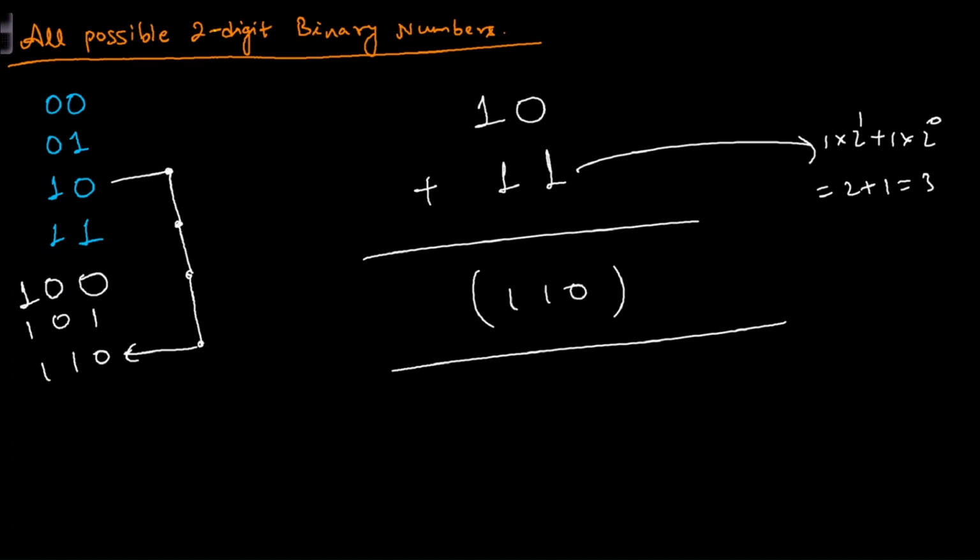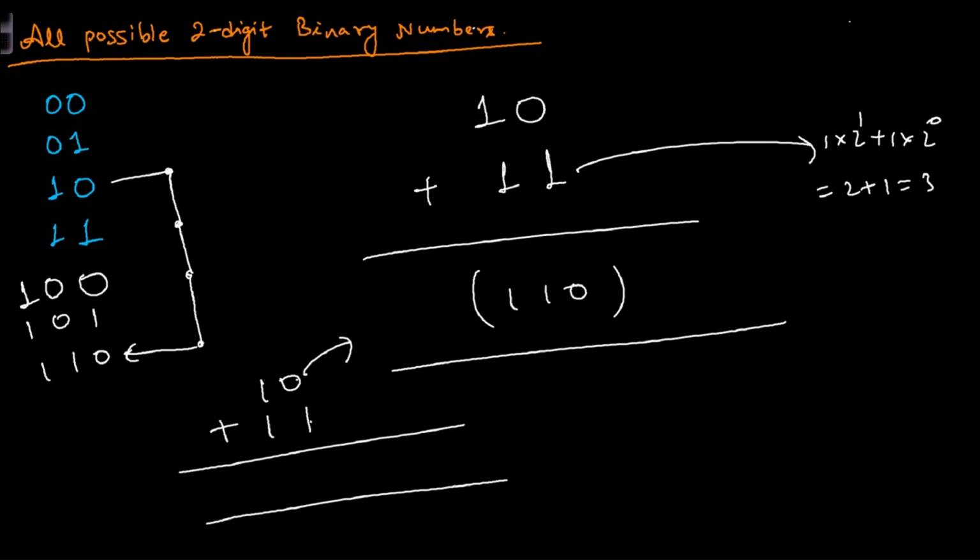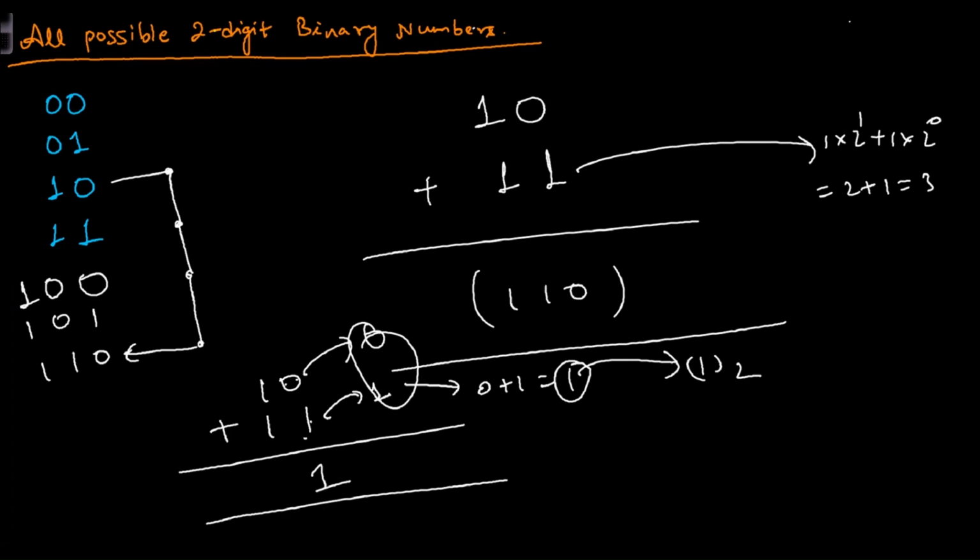Now do the addition using the carry method. Then it will be 10 plus 11. So the equivalent of 0 in decimal is 0. The equivalent of 1 in decimal is 1. 0 plus 1 is equal to 1. So 0 plus 1 is 1.